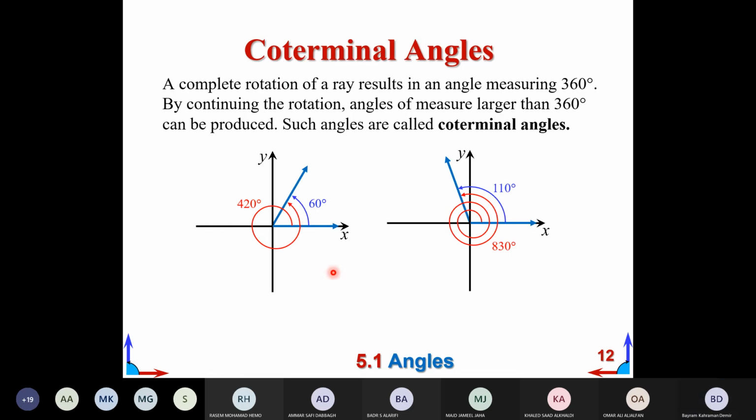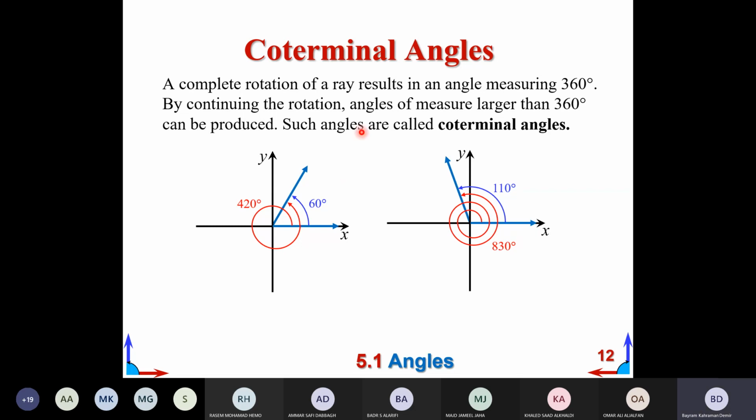All right. Now here is the famous topic, Shabab, coterminal angles. If two angles or three angles, whatever, have the same terminal side, then we call them coterminal angles.